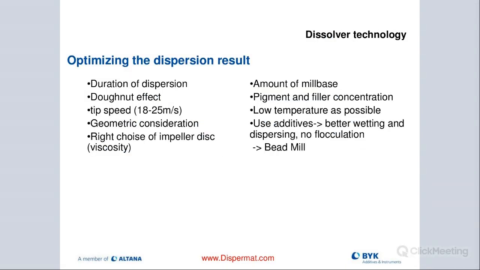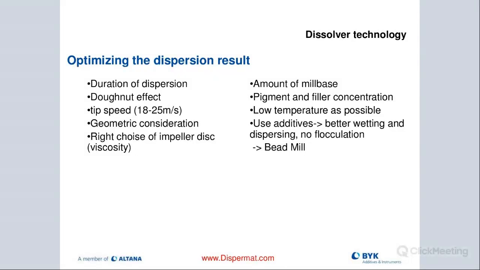So in order for us to optimize our dispersing process and results, we need to always observe the duration of our pre-dispersion. The rule of thumb there is between 15 to about 30 minutes. We should have properly pre-dispersed our mill base. The donut effect, again, is the visual cue we want to see.